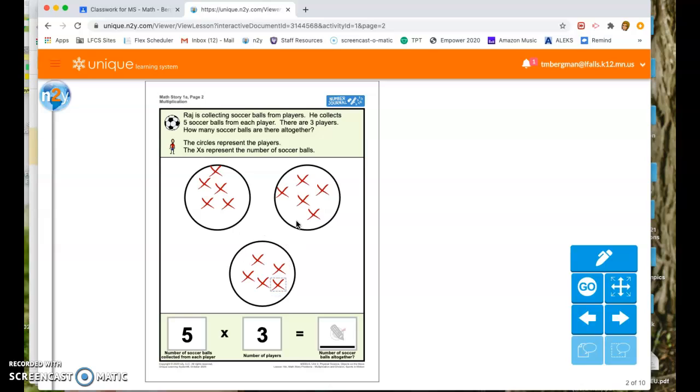Okay, so now each person has 5. This is a person, this is a person, this is a person. Each one has 5. So what you're saying when you're multiplying is that there are 3 groups, right? Here's a group, here's a group, here's a group. 3 groups of 5. That's what multiplication is.